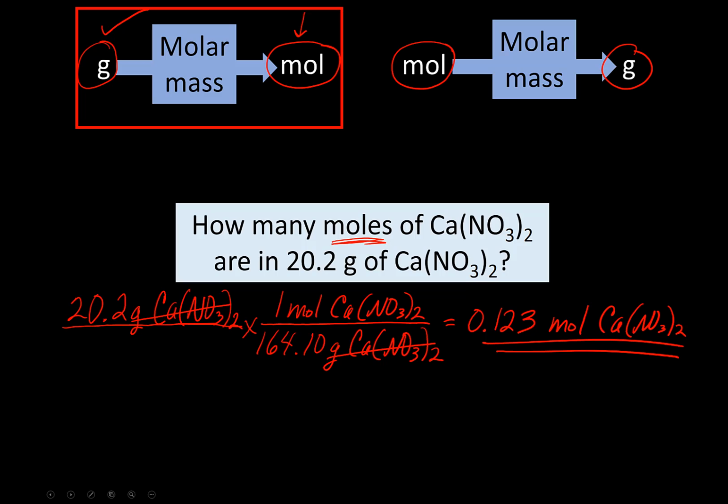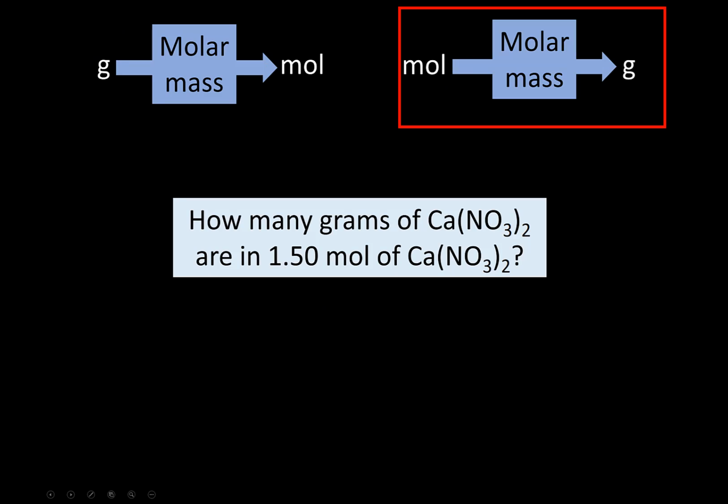So the next one is where you would convert moles to grams. So using that same compound, we want to know how many grams of calcium nitrate are in 1.50 moles of calcium nitrate. So always starting with what you know for these types of calculations. You know you have 1.50 moles of calcium nitrate.